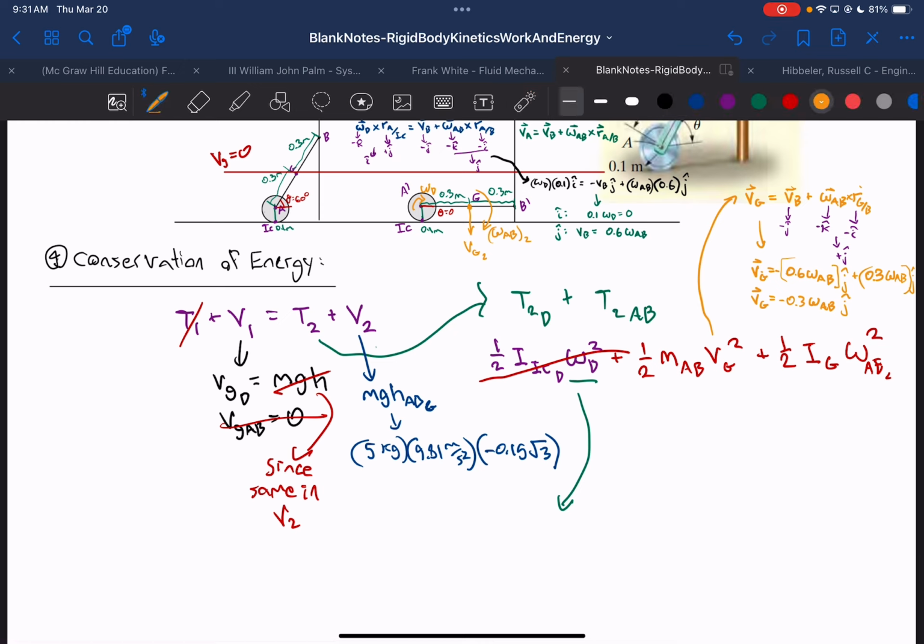Let's recap. We initially said, from this conclusion here, that all we have to do is find my kinetic energy in state 2 and my potential energy in state 2.